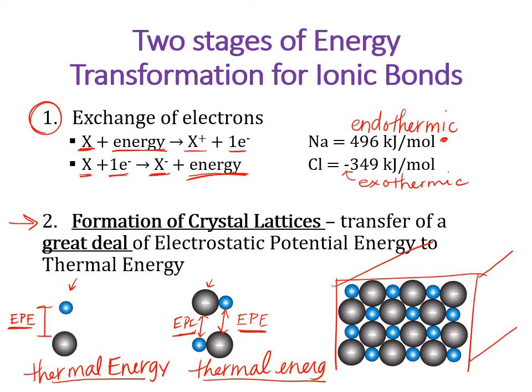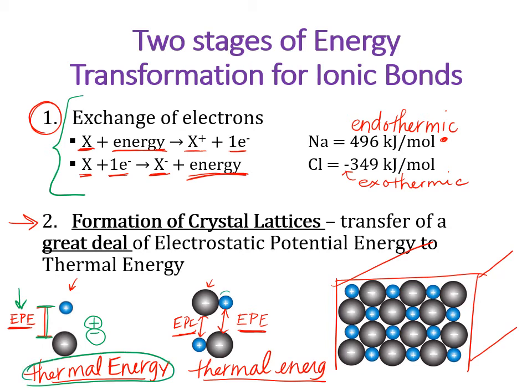Let's quickly recap. When you are creating an ionic bond, there's energy involved in exchanging those electrons. Some of it's endothermic, some of it's exothermic. Now, when you have the ions, they're attracted to each other. They have electrostatic potential energy until they're together. All that electrostatic potential energy, when they're together, is transformed into thermal, or almost all.